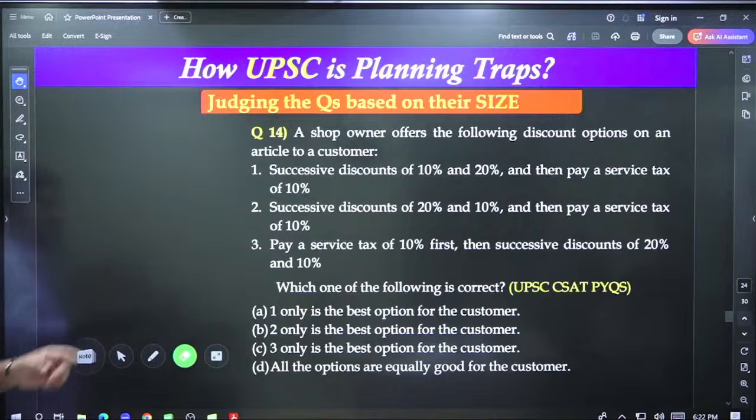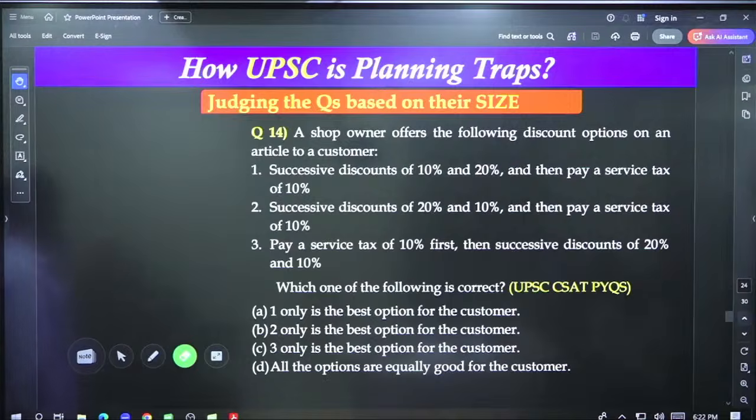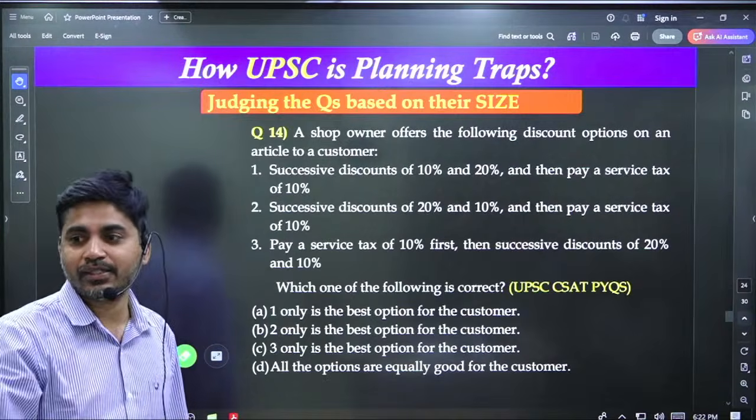Look at this question, the 14th one. Many did not answer this question. I'm telling you, if you know a simple point, it takes only 10 seconds to answer this, only 10 seconds.